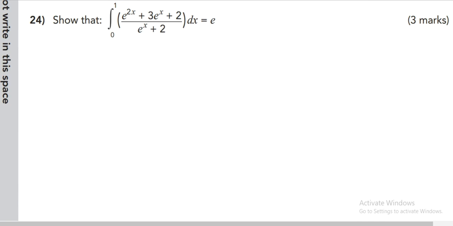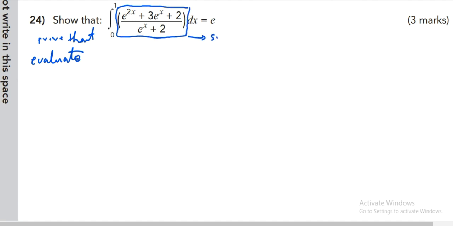Here he said show that, he can also ask prove that, or he can say evaluate, or he can take this expression only and say simplify or solve an equation like this. In all of these forms we'll use the same idea.